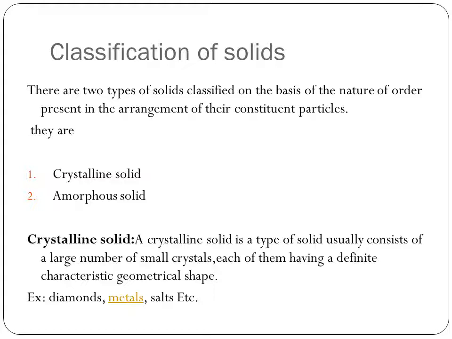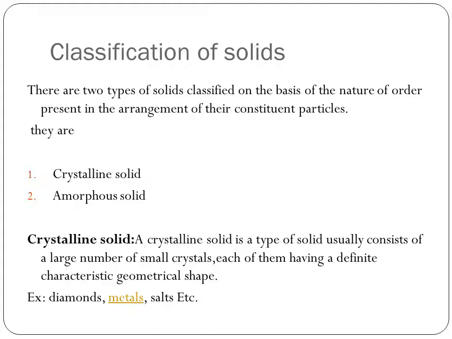Based on these constituent particles, there is a classification into crystalline solid and amorphous solid. Solids are classified into only two types, dear students, based on the arrangement of constituent particles: crystalline solids and amorphous solids.